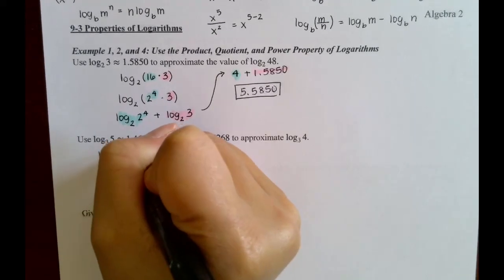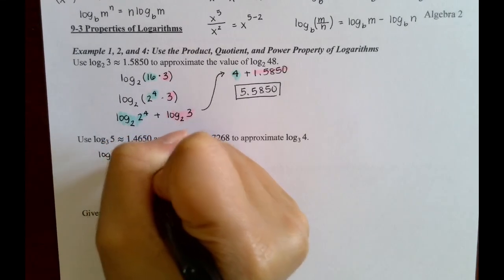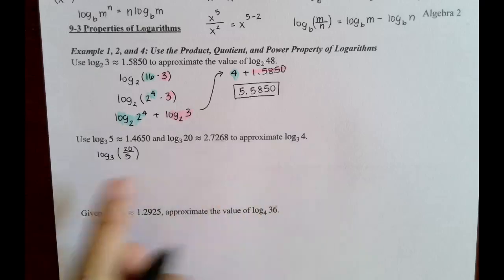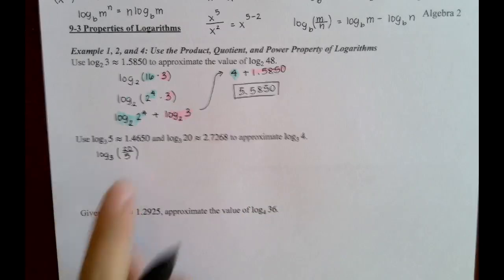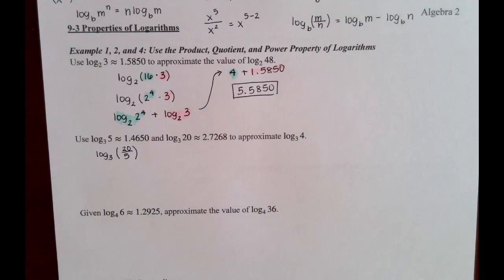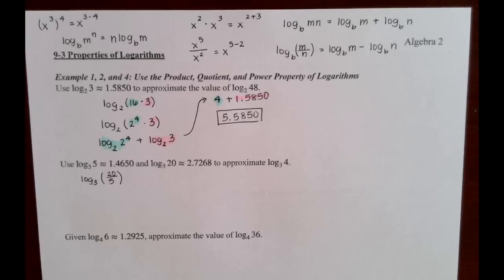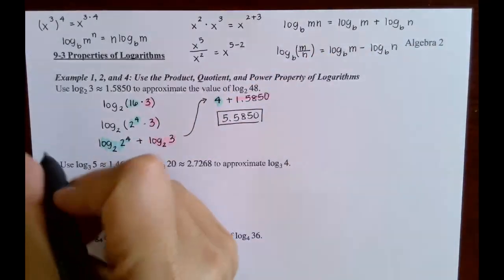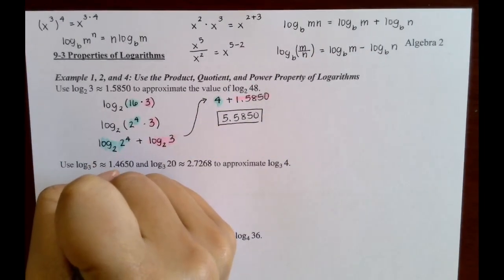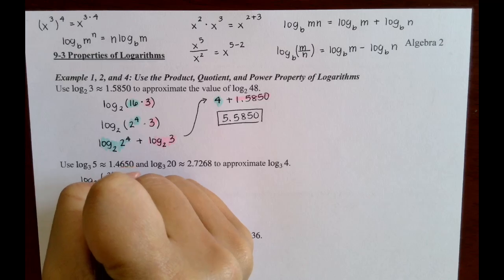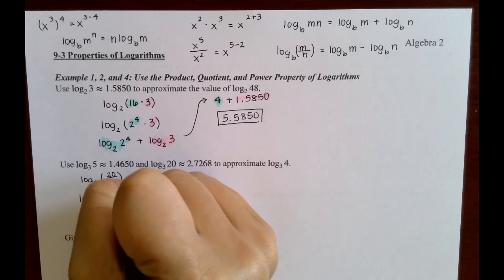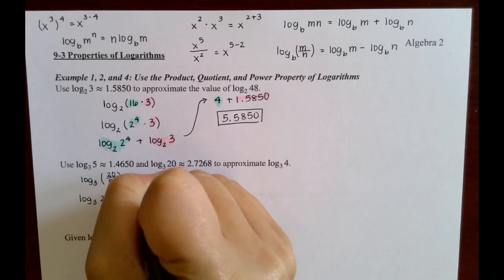Right? So I can rewrite this log base 3 of 4 as log base 3 of 20 divided by 5. Okay. Then this is my quotient property, so I can separate them. So log base 3 of 20 minus log base 3 of 5.